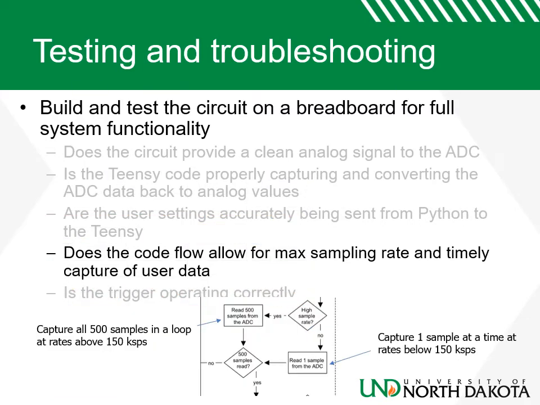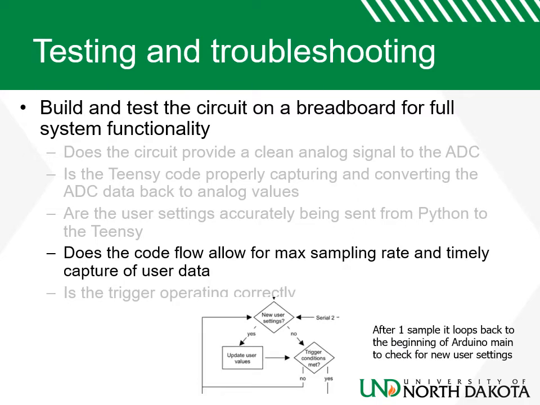This rate was made possible by using both an if statement to capture one sample at sample rates below 150 kilosamples per second, and also using a for loop to capture all 500 samples continuously at rates above 150 kilosamples per second. After the one sample at the lower sampling rate, the Arduino will loop back to the beginning of the main loop to check for new user settings.